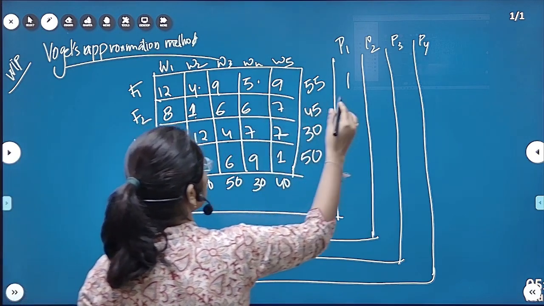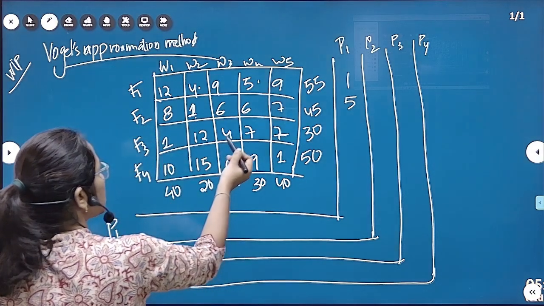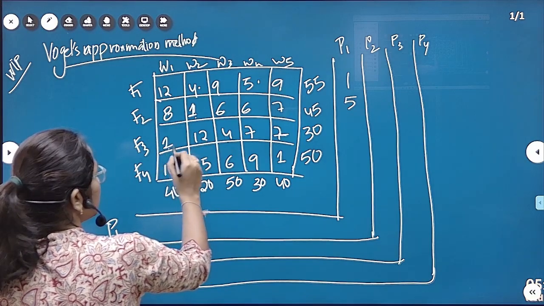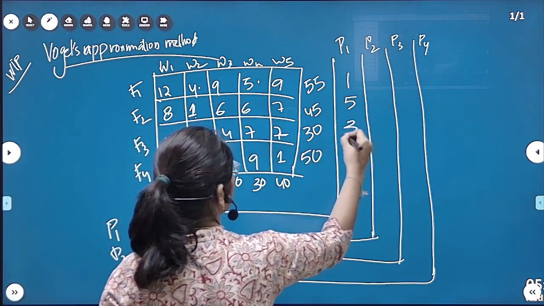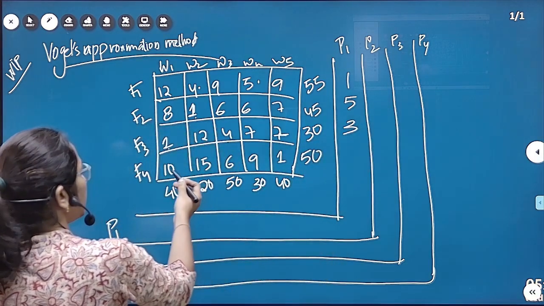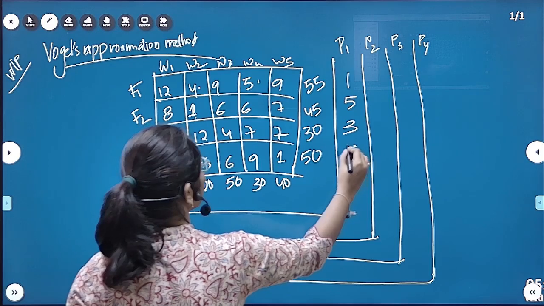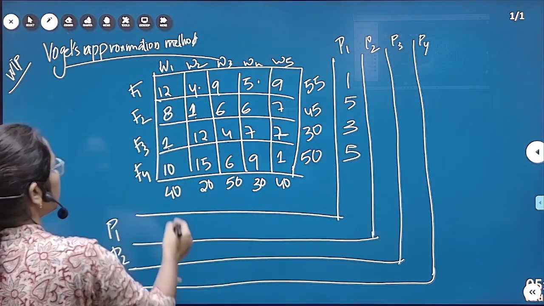So 6 minus 1, 5. In the third row the least cost is 4 and the next one is 4. So 4 minus 1, 3. And here 6 minus 1, 5. Now column wise.